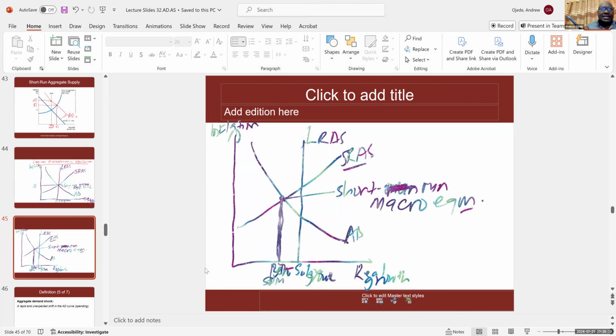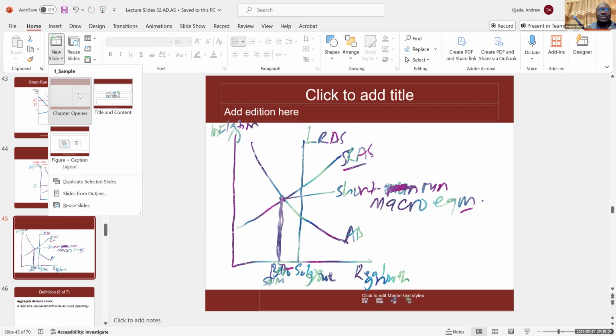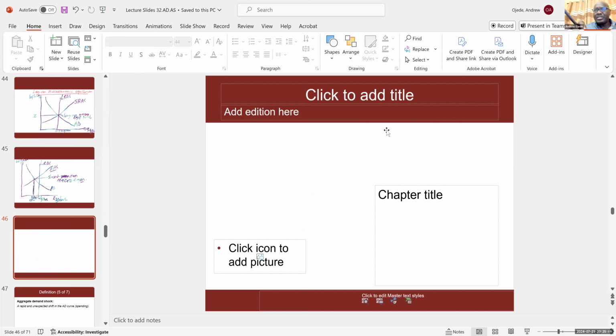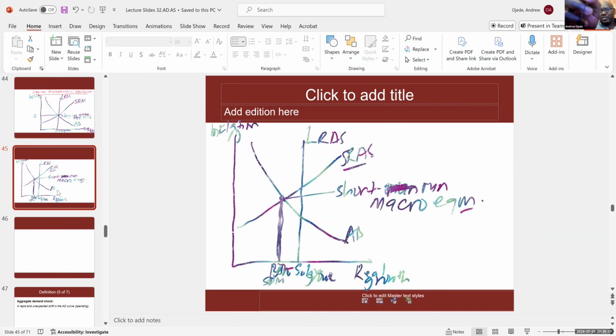But sometimes the intersection between those two curves could happen to the right of the long run. Okay, and by the way, this gap that exists when you're producing below the solow growth is what we're going to call a recessionary gap. The economy will be in a recession because you're producing below your normal output.